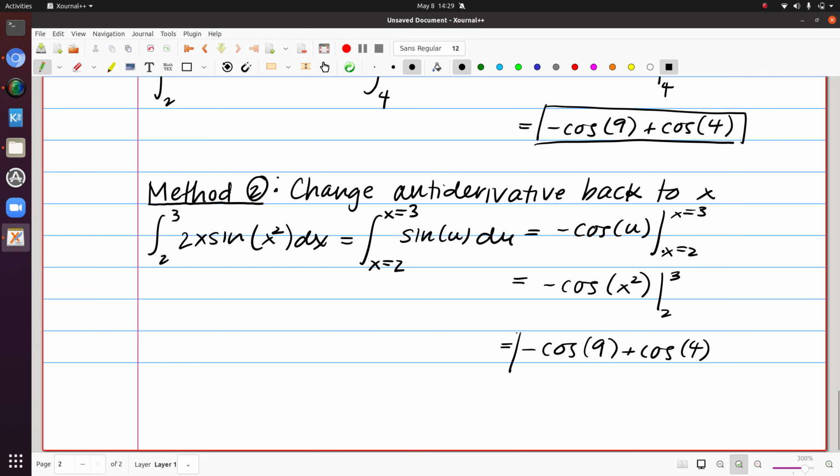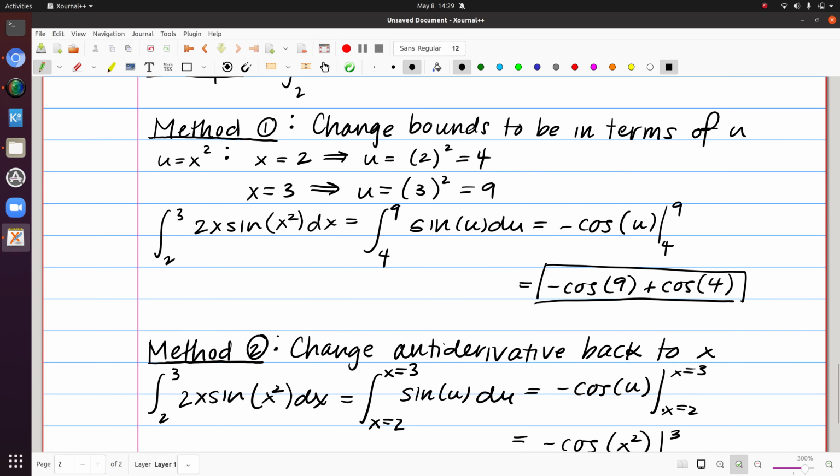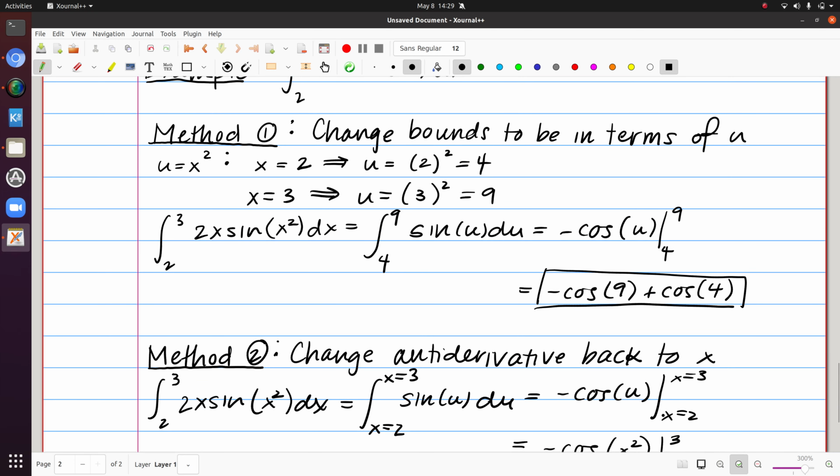And so this is a suitable approach as well. The reason I personally prefer the first method is we're going to see some more symbolic examples where maybe you don't actually need or know the specific antiderivative. And in that case, I think it's a little bit cleaner to use the first method.